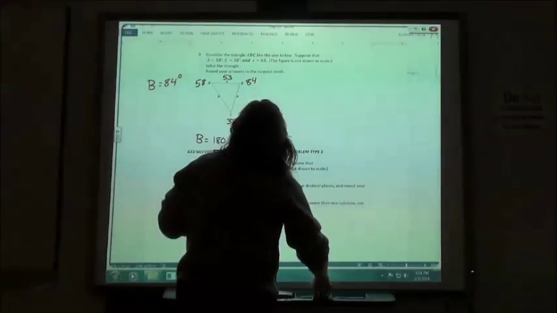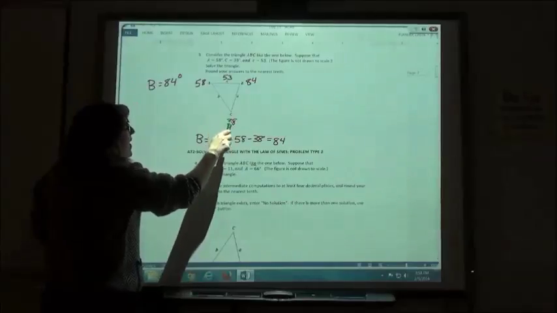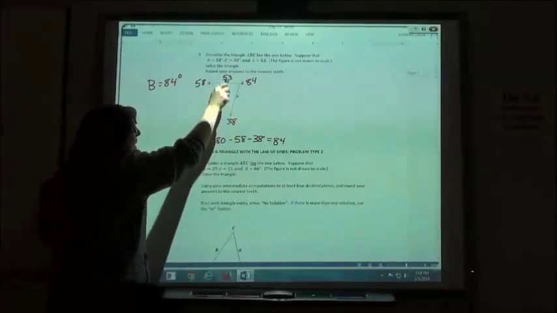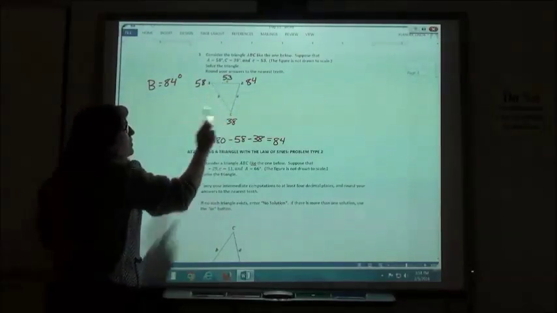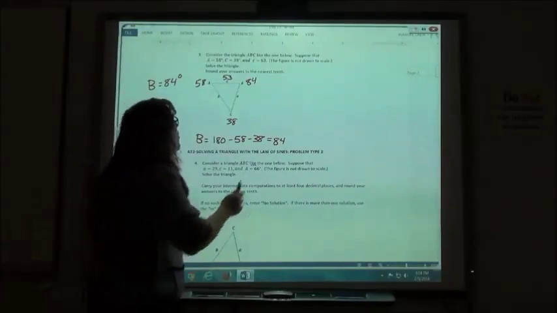Now on this one, notice that we have angle C and side C. So that's going to be our starting ratio that we want to use.